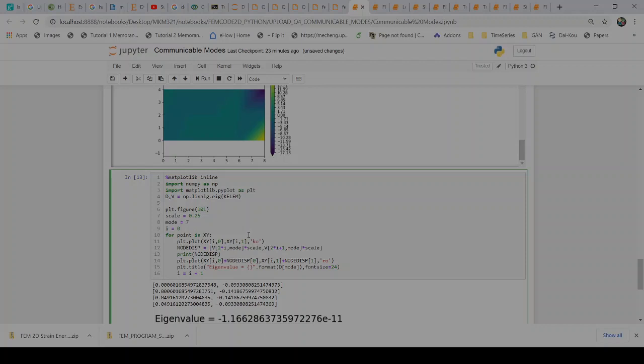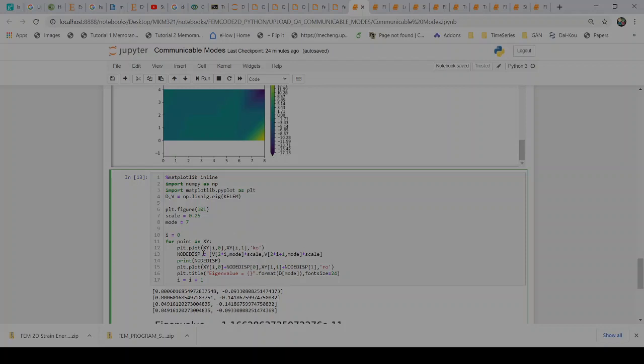So let's run through this and see. This counter that I've got here is just for me to loop through the nodal points. For every point in x, y, I use this to loop through, so I can show the nodal displacement for each of those points.